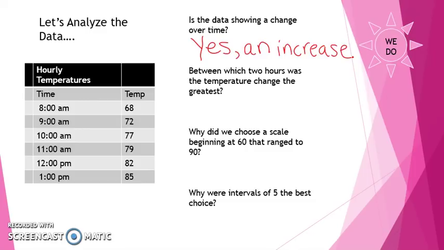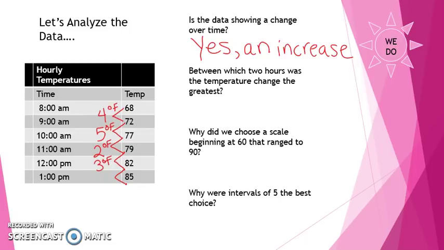Between which 2 hours was the temperature change the greatest? Okay, well, if you look at 68 to 72, the difference there is 4 degrees Fahrenheit. From 72 to 75, it is 5 degrees Fahrenheit. From 77 to 79, it's 2 degrees Fahrenheit. And from 79 to 82, it's 3 degrees Fahrenheit.